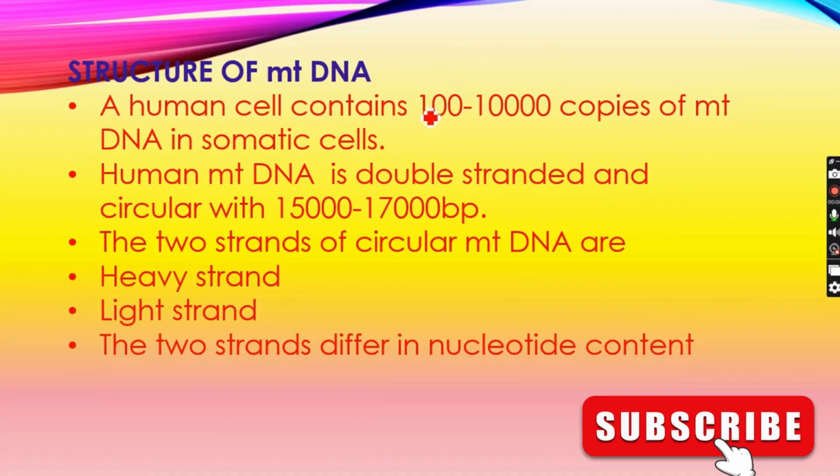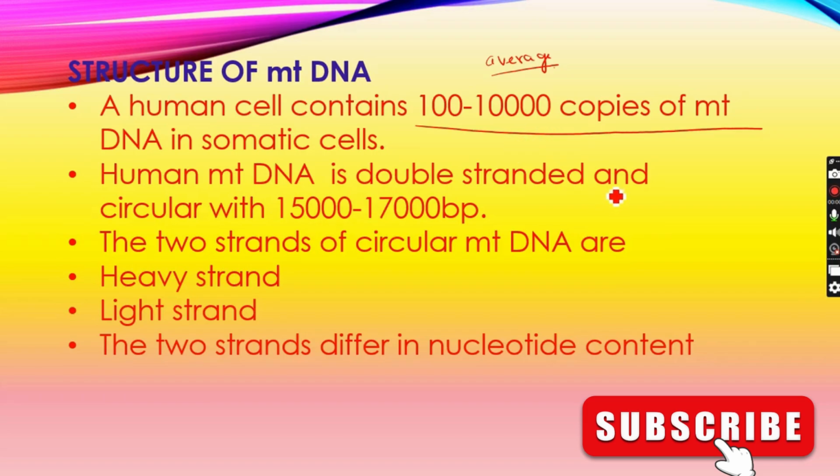A human cell contains 100 to 1000 copies of mitochondrial DNA. It is the average copy number, but it is going to be different based on the mitochondrial size. So about 100 to 10,000 copies may be in a human somatic cell.